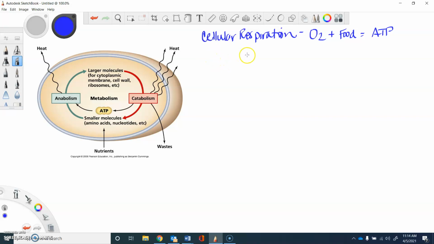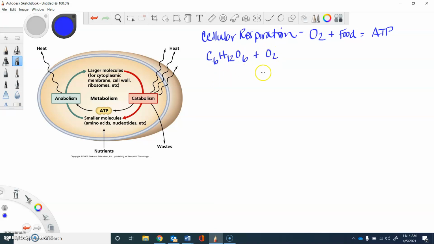starts with a molecule of glucose. So we're taking in food and we're breaking it down, the carbohydrates, down to their monosaccharides, and we're looking for the molecule of glucose. So glucose is C6H12O6, that is glucose.